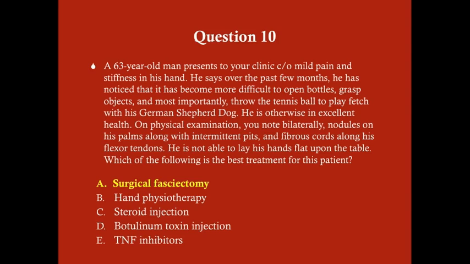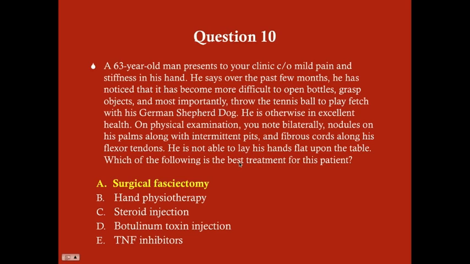With Dupuytren's contracture, what you've got is chronic inflammation and contraction of the palmar fascia. Over time, this contracts and draws the fingers closer to the wrist. And what you'll also see are these little nodules.